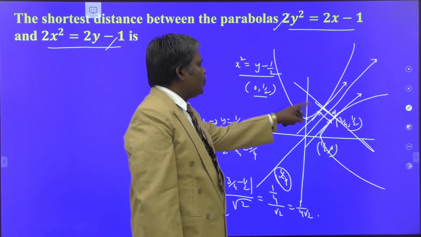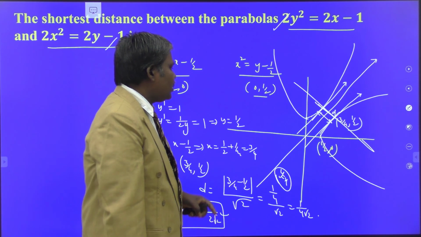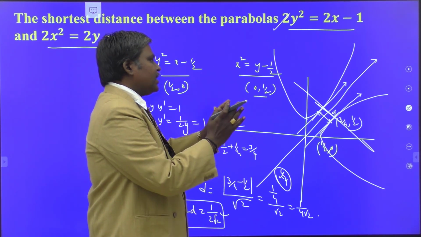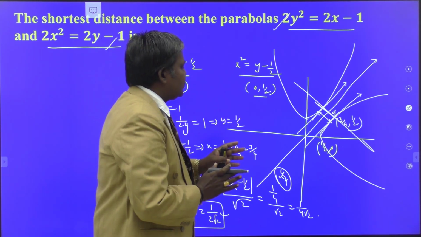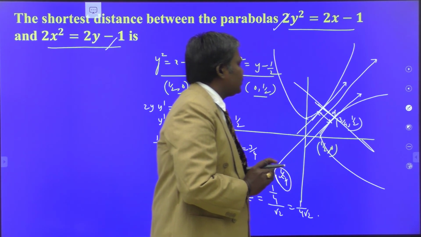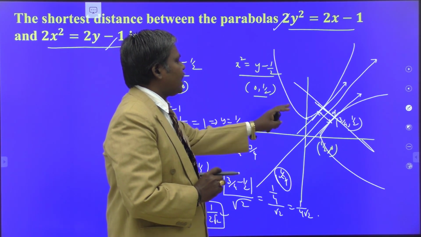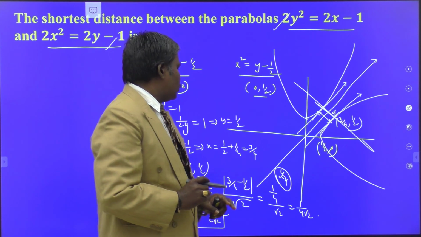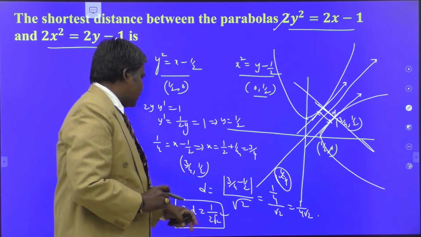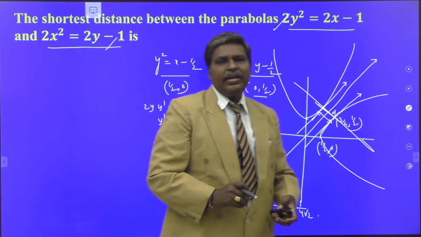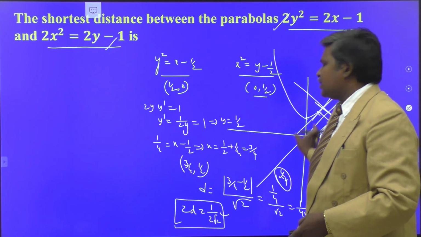In that method also you can find the shortest distance. So the two tangents are parallel, and the shortest distance is the distance between these two parallel lines. 2d = 1/(2√2). This is the distance. Okay, thank you.